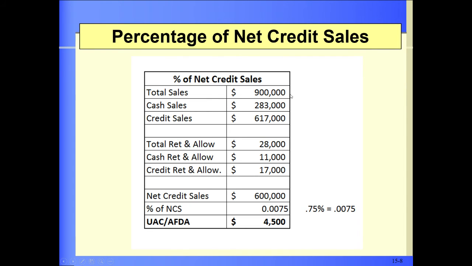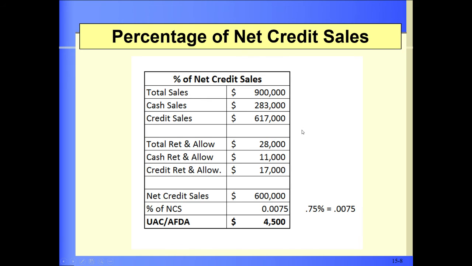If our total sales for both cash and credit equaled $900,000, and we wanted to find out what our net credit sales were, then we've got to start the process of backing out our cash sales. So if we take $900,000 and we subtract $283,000, we come with a total of credit sales then of $617,000.